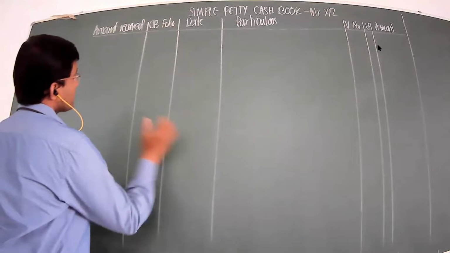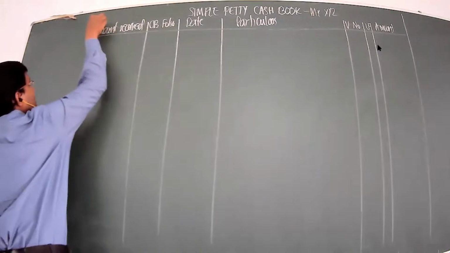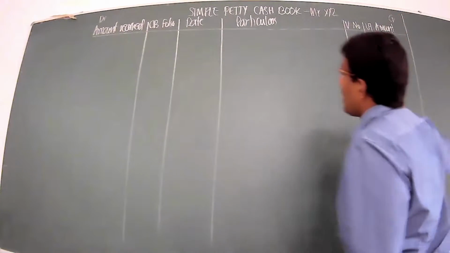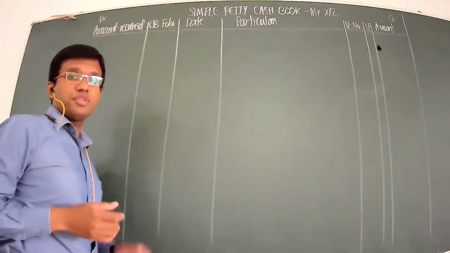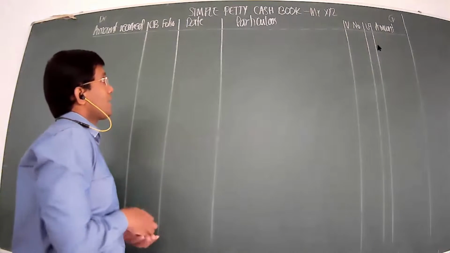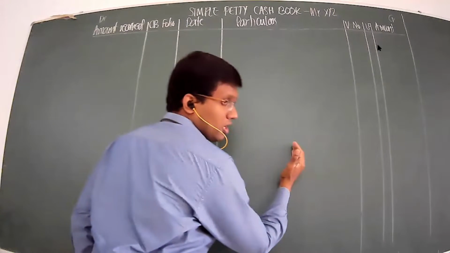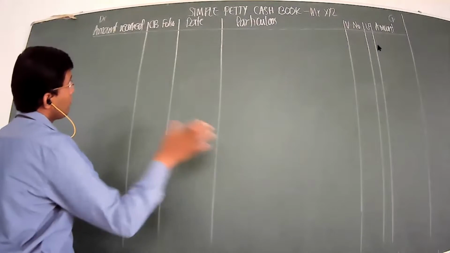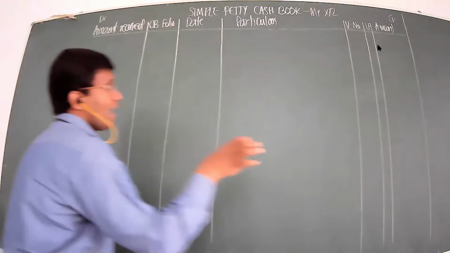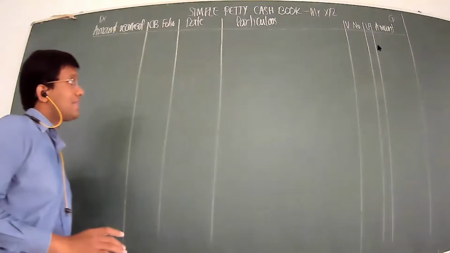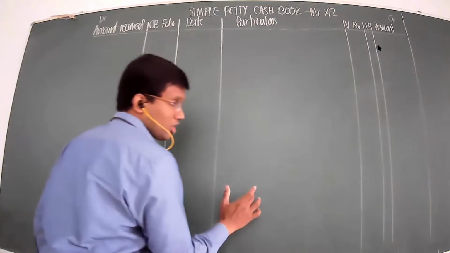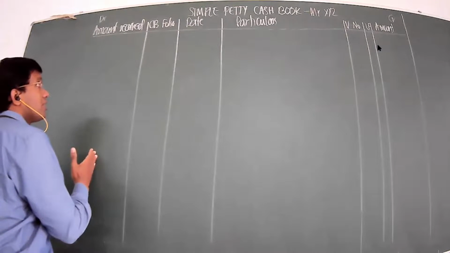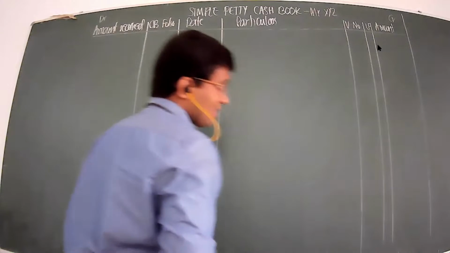These 3 columns are referred to as the debit side, and the remaining are referred to as the credit side. The beauty of this simple petty cash book format is the date and particulars columns. These 2 columns are common for both the debit side as well as the credit side.